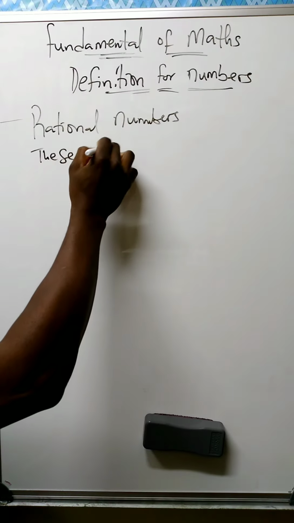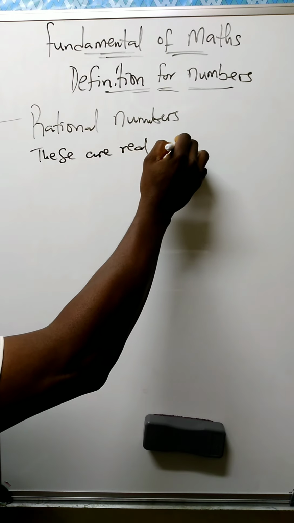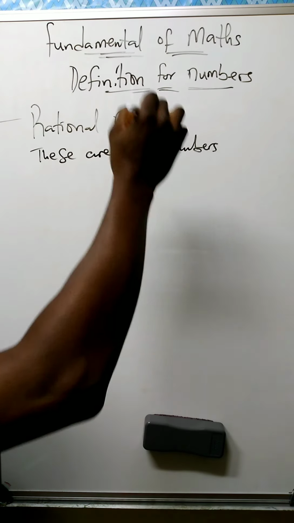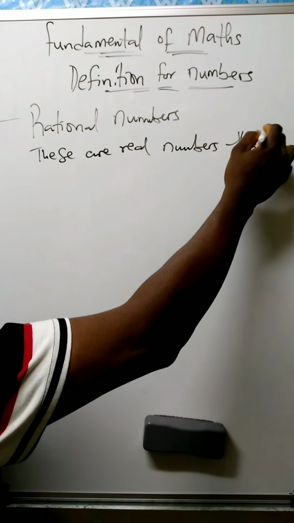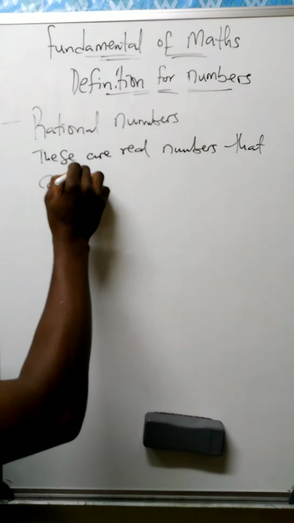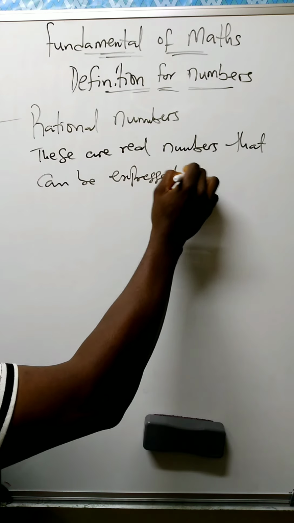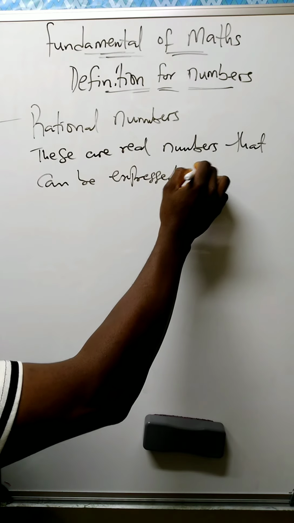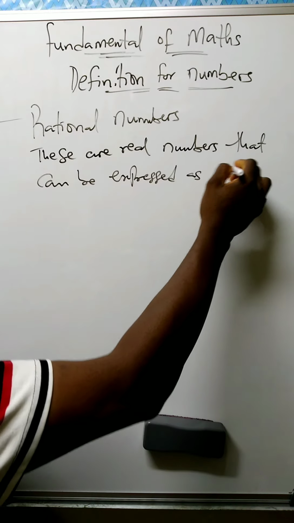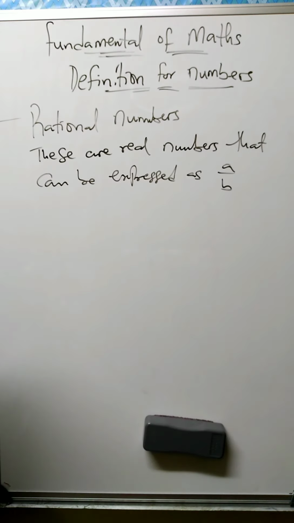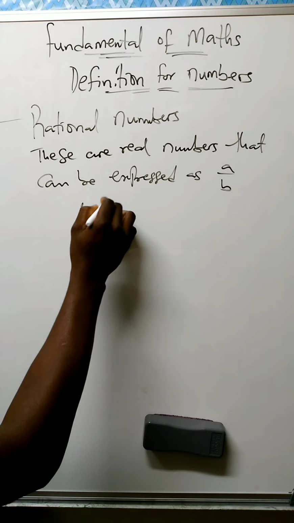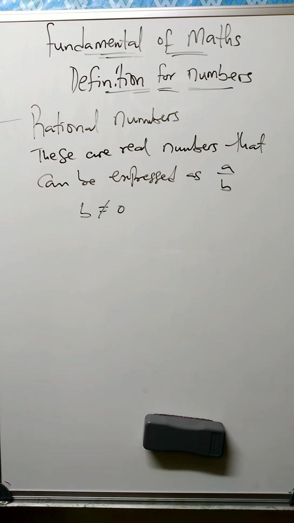These are real numbers that can be expressed as maybe a over b. And remember that b must not be equal to 0. b cannot be equal to 0. So that should be noted.